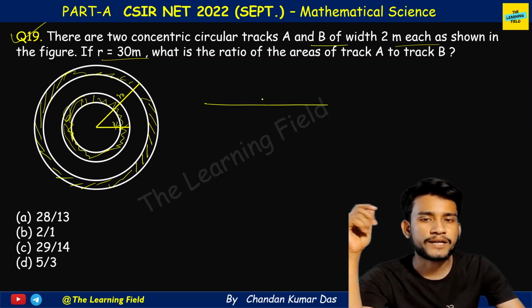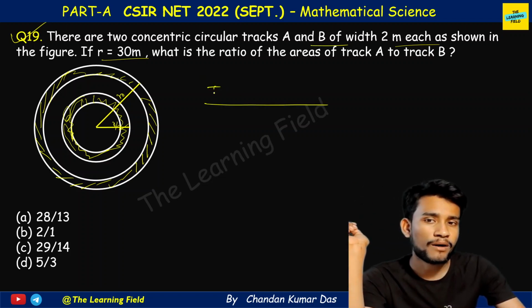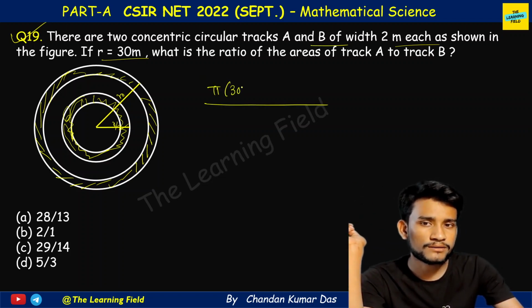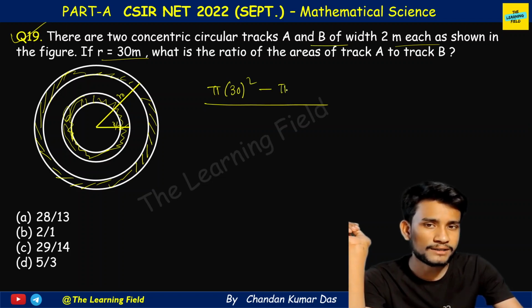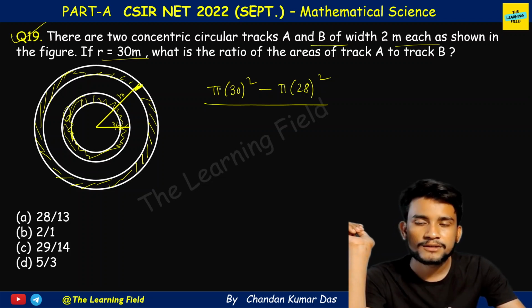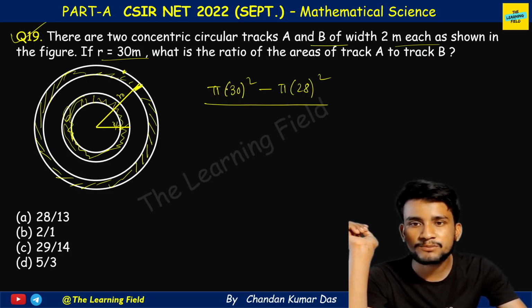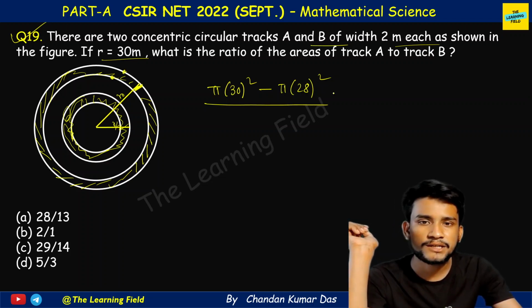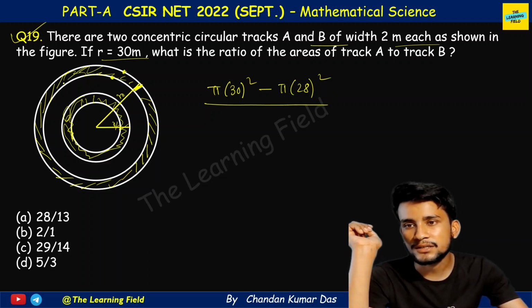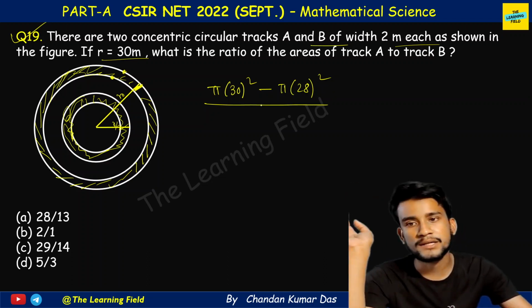Okay, so track A का जो area वो क्या है, pi 30 square minus pi 28 square, because this is the width 2 meter. So the area of this circle is pi r, 30 square, and the area of this circle is pi into 28 square, and if we subtract these two areas, then we get the area of this path.